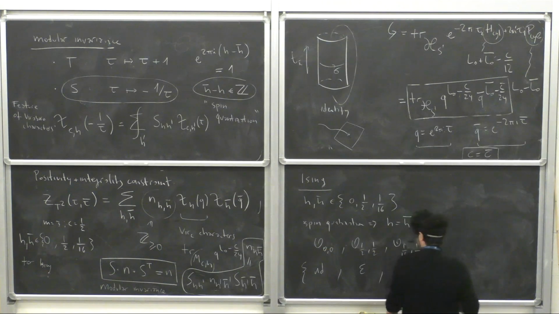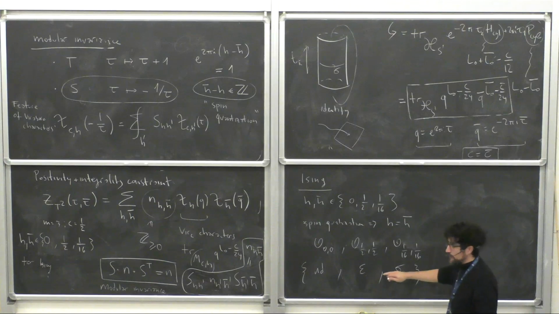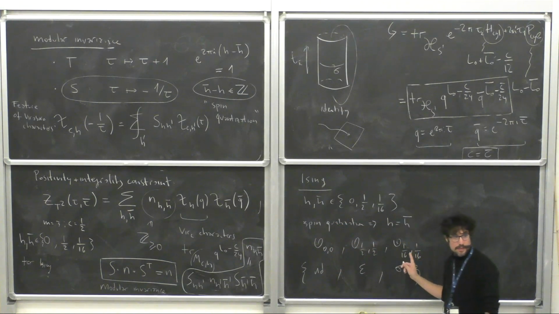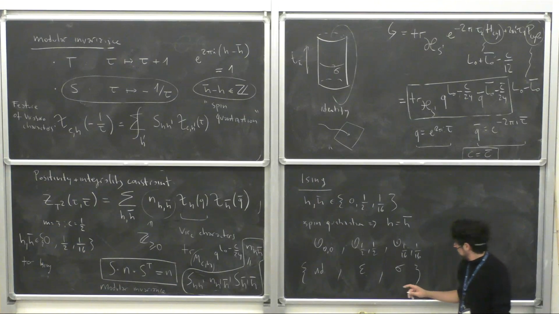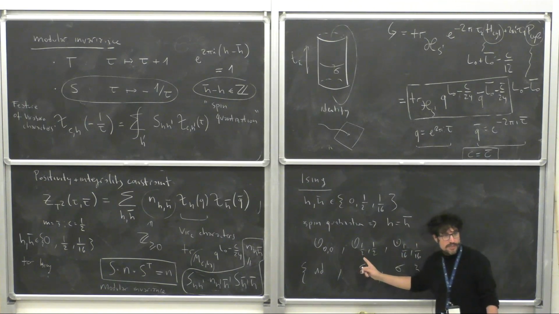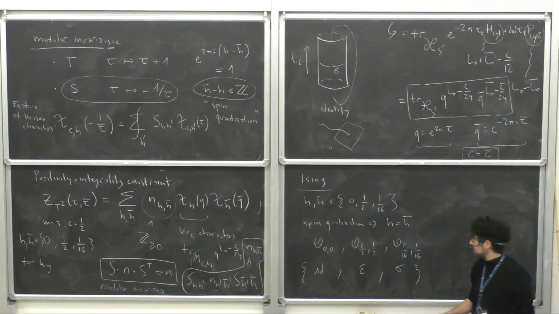So we don't know yet about the multiplicity of them. From spin quantization, we know that there are these three, and there are no other options. But we don't know how many copies of such operators there are. There might be many.